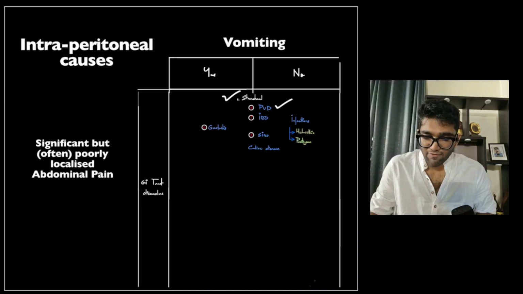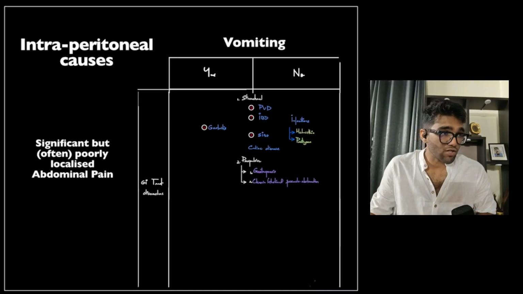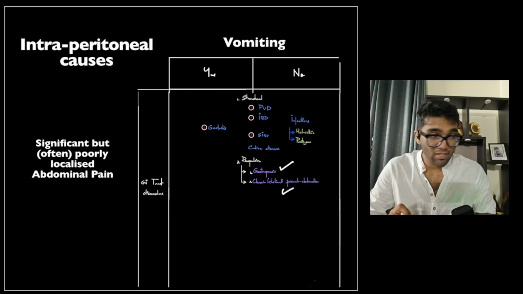Okay. Now, after structural, we have our propulsive disorders in which the emptying of the gastrointestinal tract is impaired. So that means gastroparesis and chronic intestinal pseudo-obstruction. We'll be talking about these two entities separately later. So again, there is chronic distension, chronic receptor activation, therefore dermatomal overlap, which the patient is unable to explain by themselves.